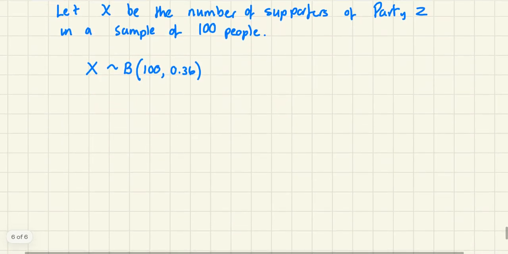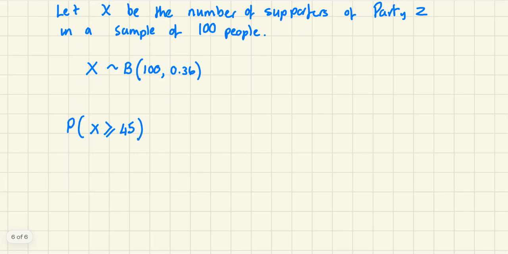Okay. So we are going to work out the probability that X is greater than or equal to 45, because our test statistic is the probability that X equals 45.